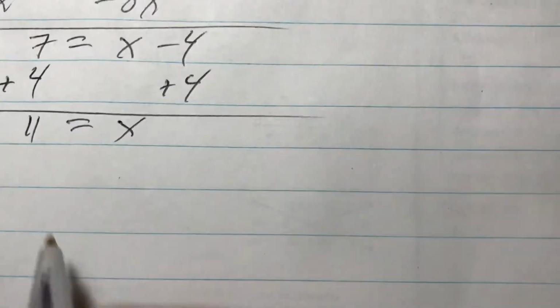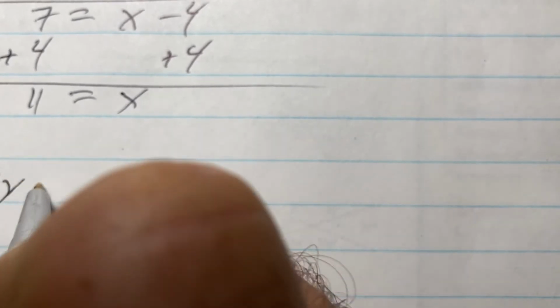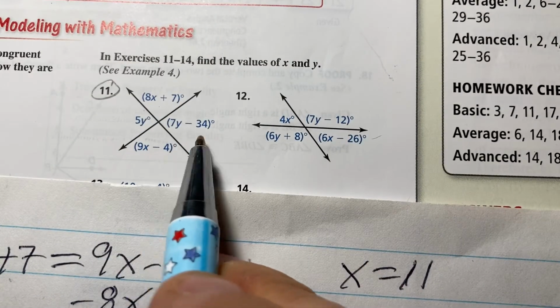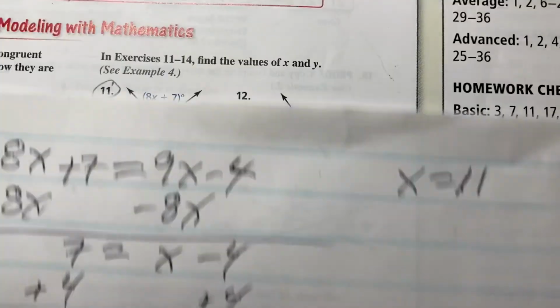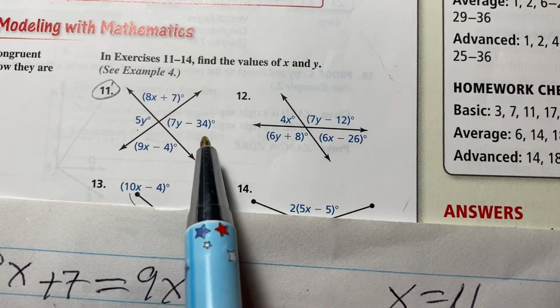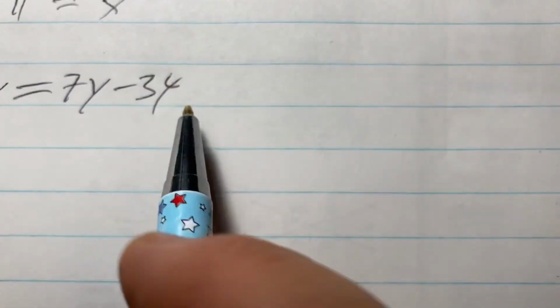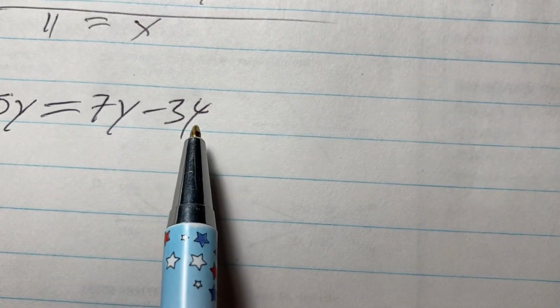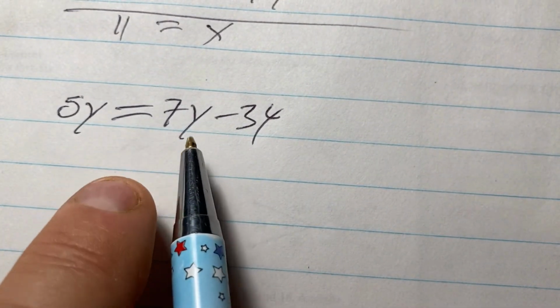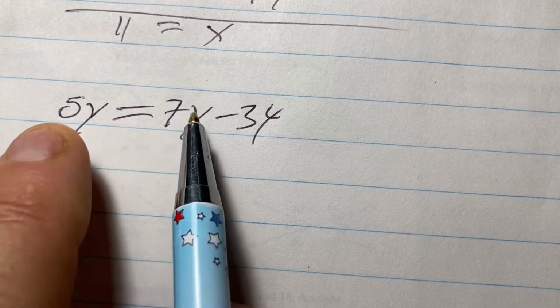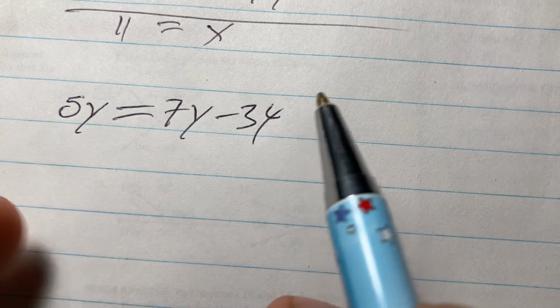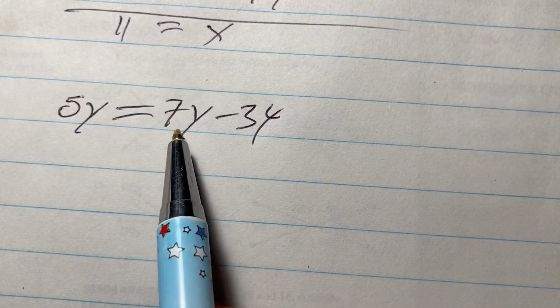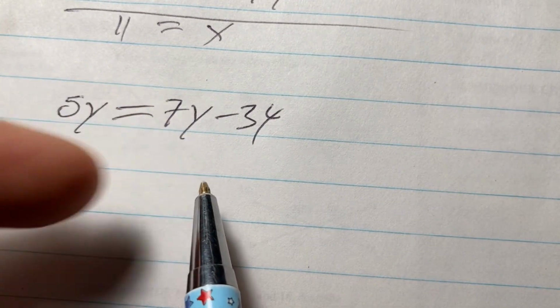Vertical angles are congruent. 5y equals 7y minus 34. What's the variable in the equation? Here's the equal sign. The variable is y. It's on both sides. Which side has the larger value of y? That side. So get all the y's on the largest side.